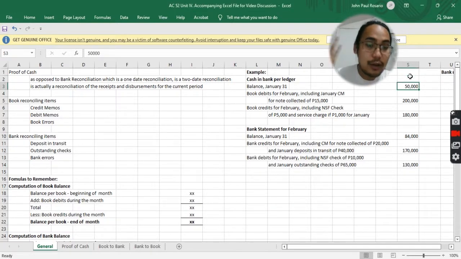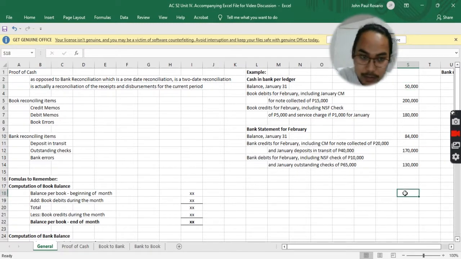So per your books, ang beginning balance kay February man ni siya nga bank reconciliation. So your beginning balance is 50,000, and then you have your book debits, so increases in your cash balance nga 200,000, and then your decreases in your cash balance per book nga 180,000. So pila ang imuhang ending? So simply 50 plus 200 minus 180.